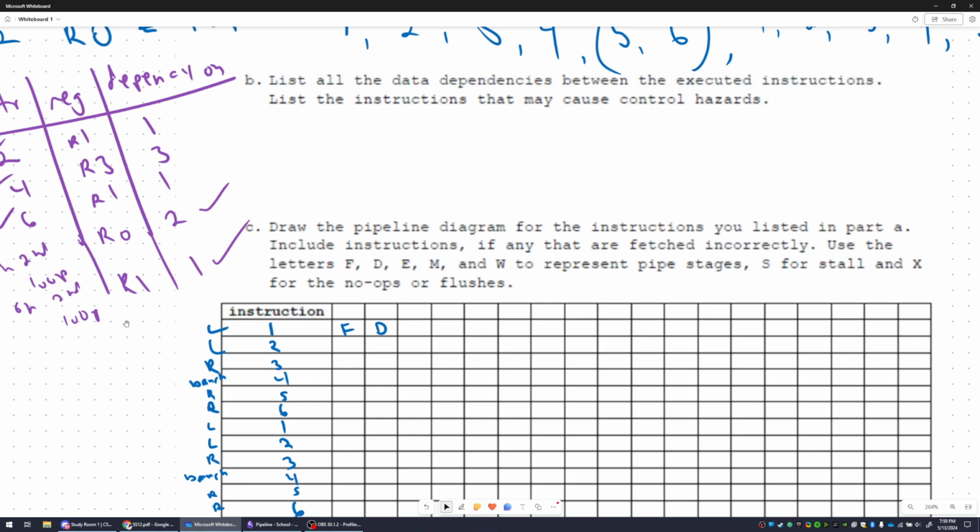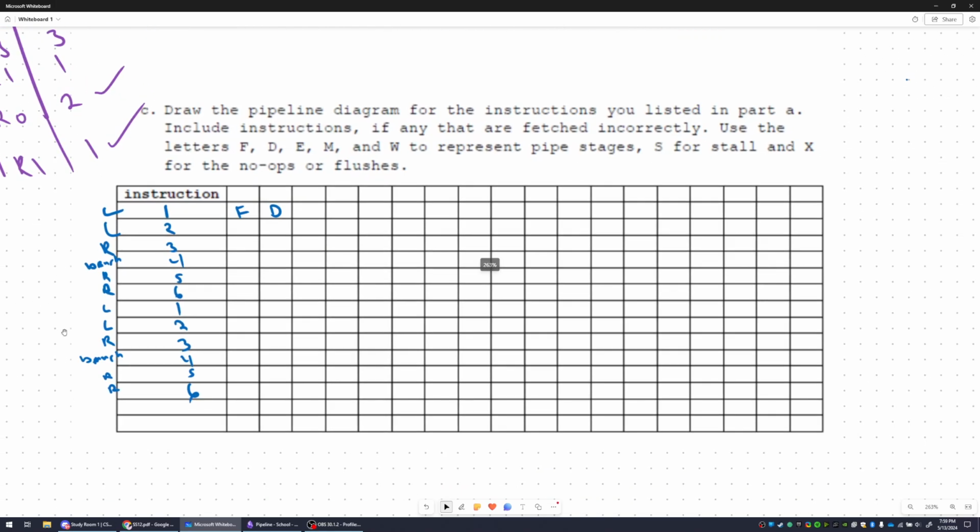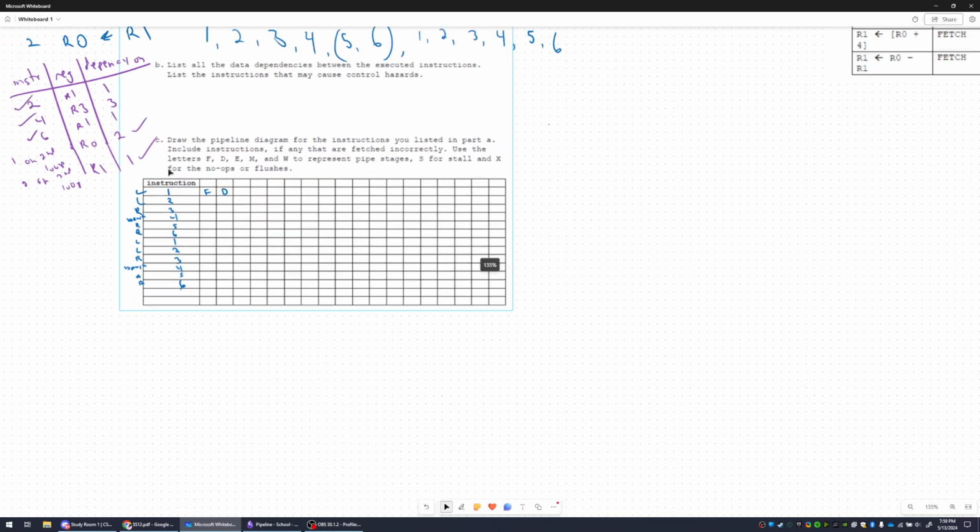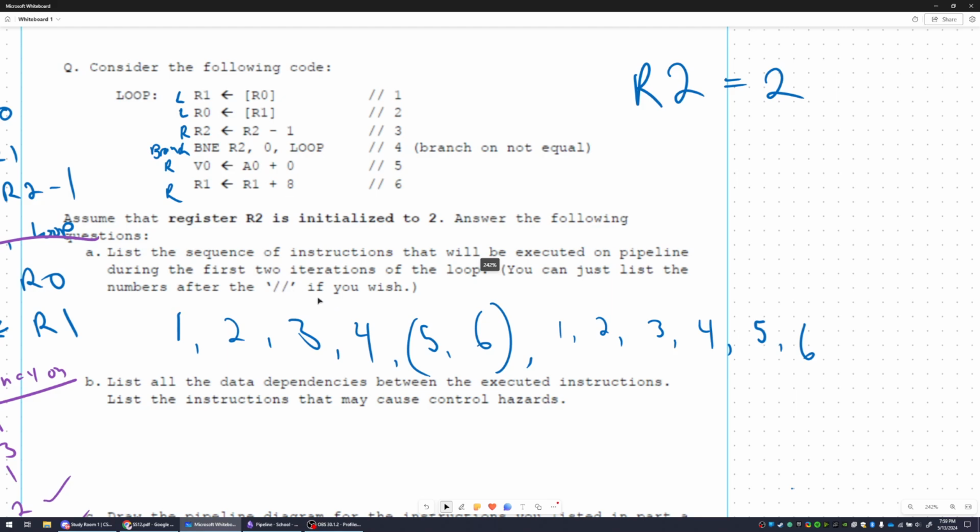Can we go over C like you're teaching for the first time? I read it, but I don't. Okay, so if you saw part A, do you understand the order that the code is running? Right.